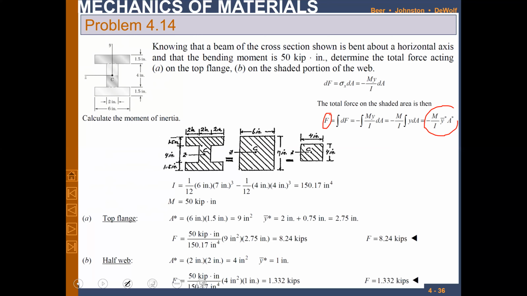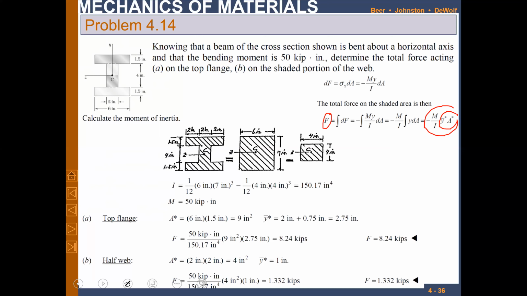Y bar, I know that, is basically the moment of area, right? Fine. So to calculate the total force, what we need is M, I, y bar and A bar, right?